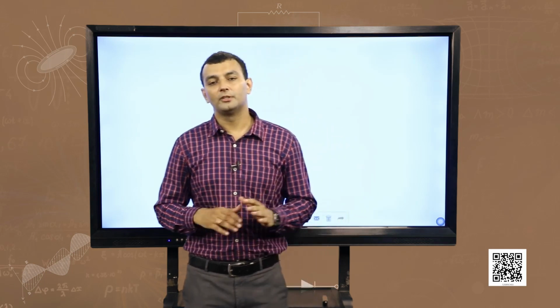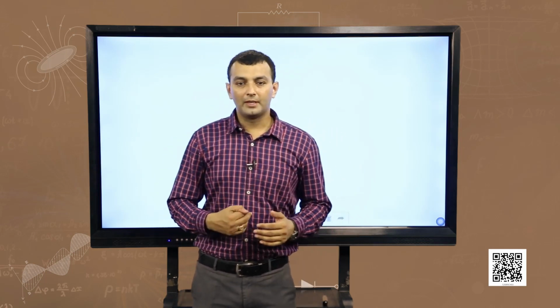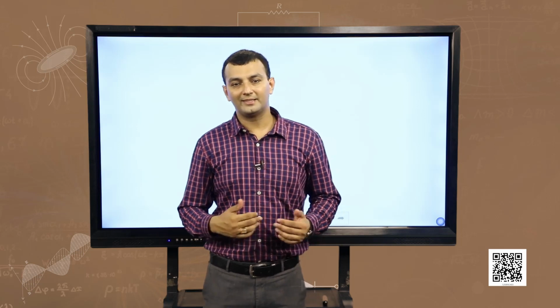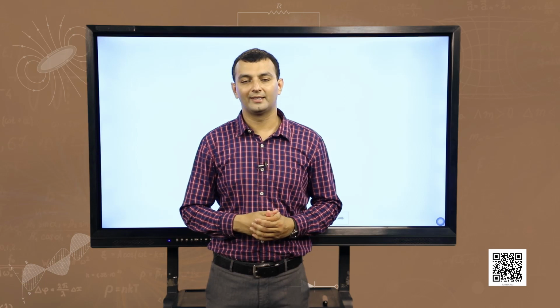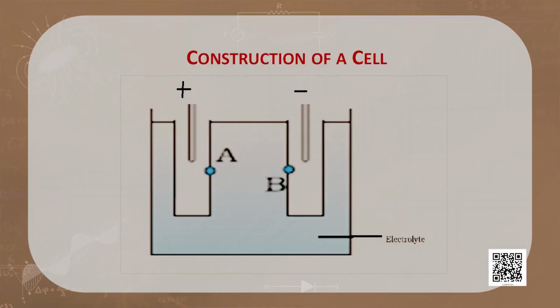We have already mentioned that a simple device to maintain a steady current in an electric circuit is the electrolytic cell. Basically, a cell has two electrodes called the positive P and the negative N. They are immersed in an electrolytic solution.